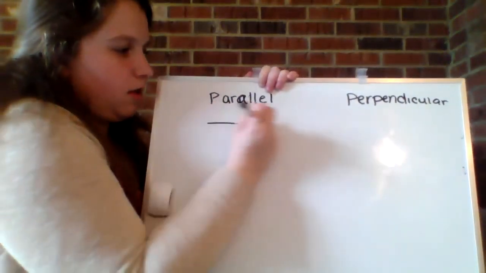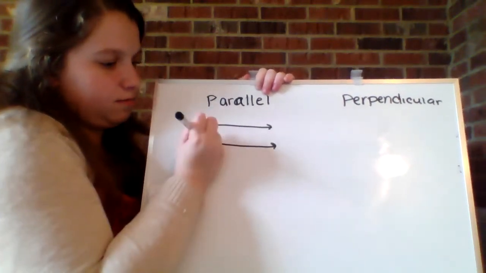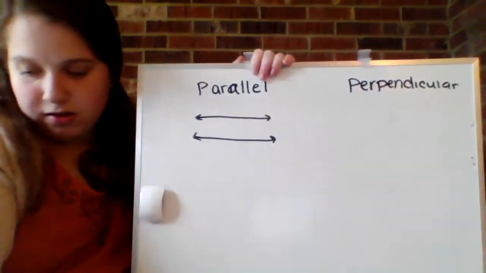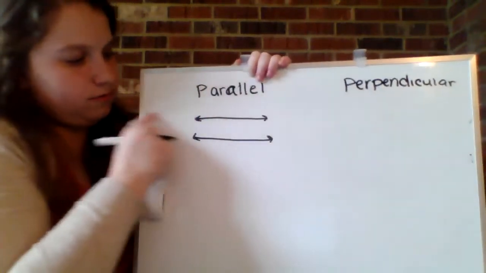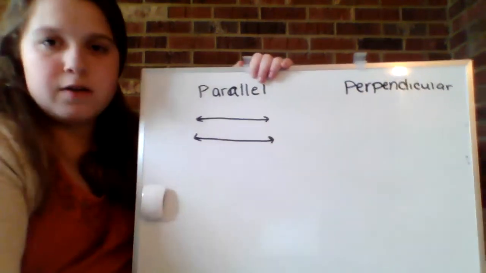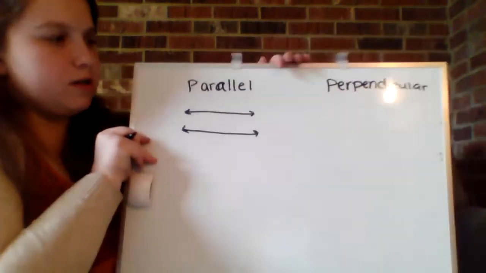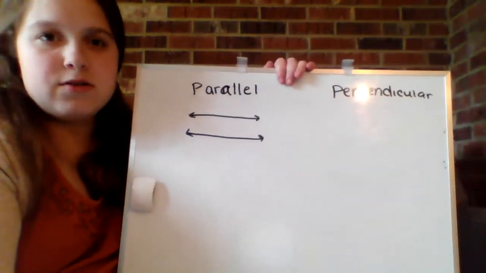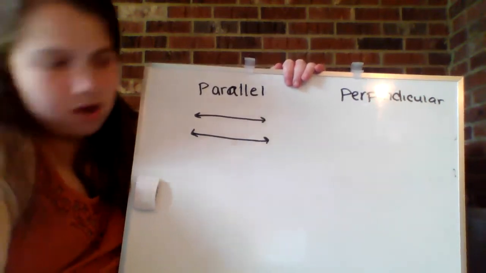Parallel lines are lines or line segments that do not touch. So if I kept drawing these out in a perfect world, they wouldn't ever come together. They'd never meet up. They'd never cross one another to create angles like Miss Catlett talked about yesterday.